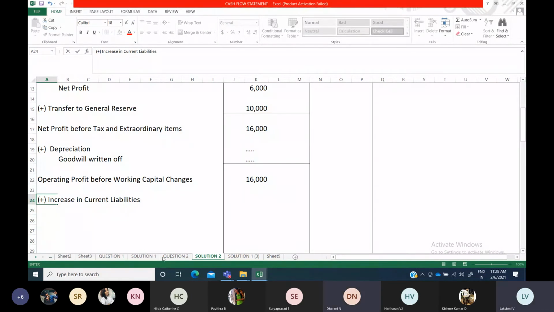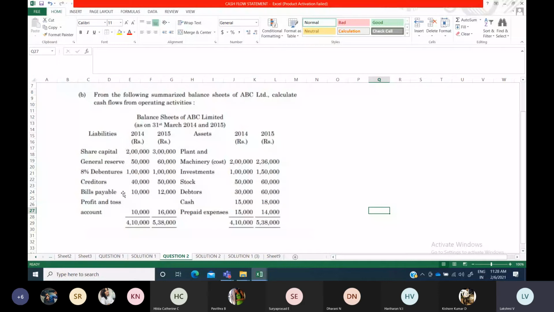Okay, so let us move to the question. Bills payable increase, creditors also increase. Both you have to show as increase in current liability. Be specific. Creditors 10,000 you have to show. Bills payable 2,000 you have to show.